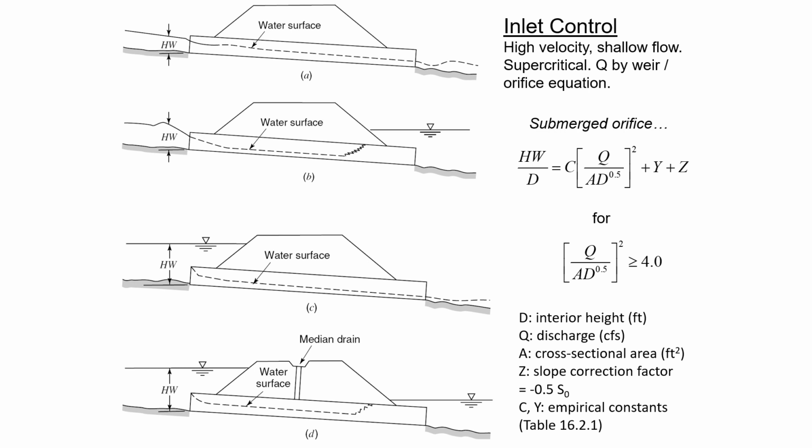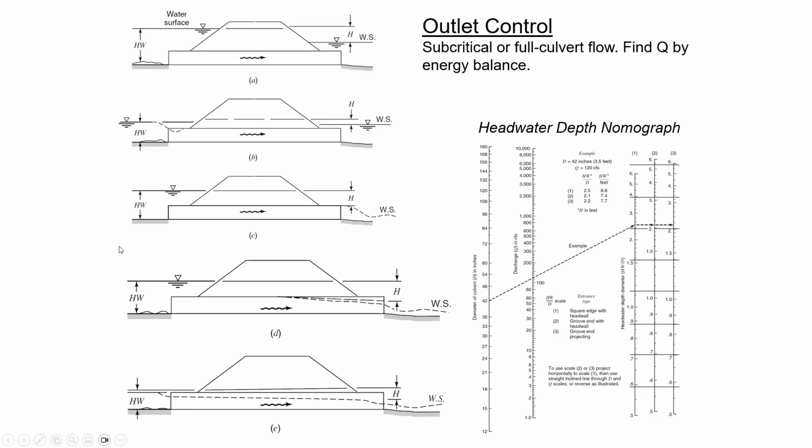This process of drawing lines that intercepted the diameter of the culvert, the flow rate, and then the likely headwater depth. Here's an illustration of a nomograph where you would find your solution by intersecting the diameter of the pipe with the flow rate, and it would go sideways and intersect these different lines that told you what the headwater depth is.